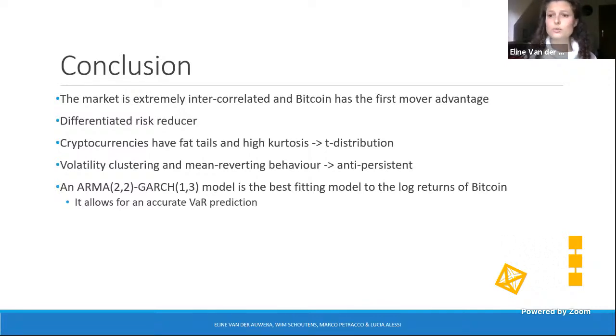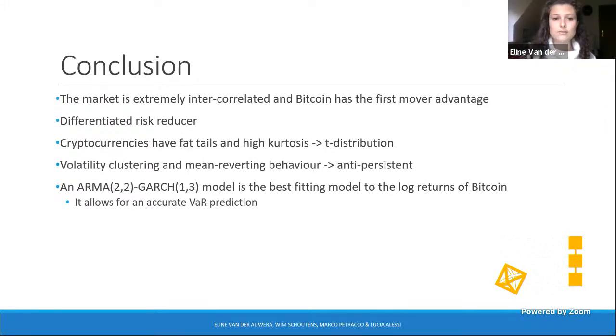That's also the reason why the market is so intercorrelated. Cryptocurrencies offer a nice advantage because they are a differentiated risk reducer, and therefore they are very handy to use in portfolio management, mainly because the correlation with other asset classes remains below 20% in absolute value.